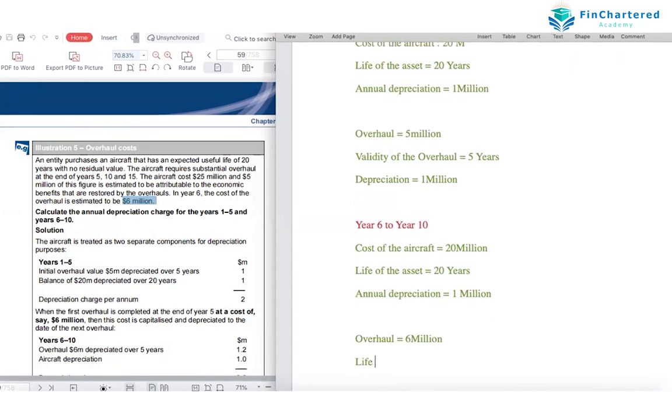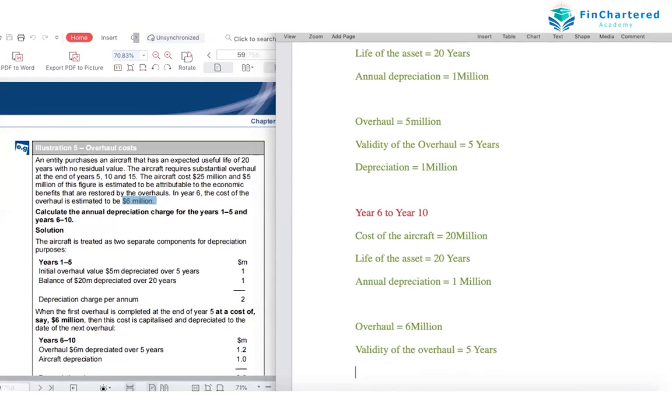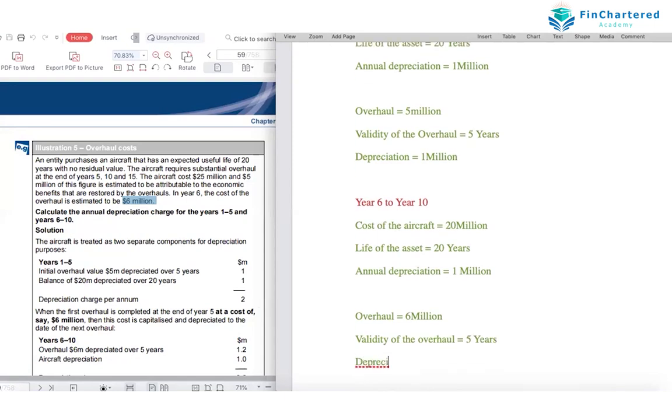And the life, or rather validity, of the overhaul is how many years? I told you, every 5 years the overhaul is happening. That is 6, 7, 8, 9, 10. 5 years. So how much will be the yearly depreciation for this second overhaul? 6 million for 5 years.